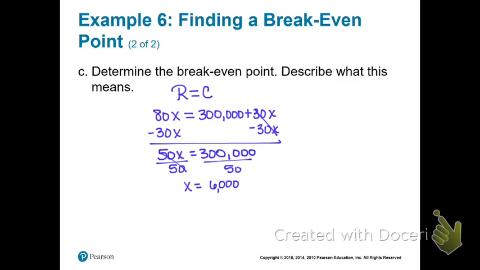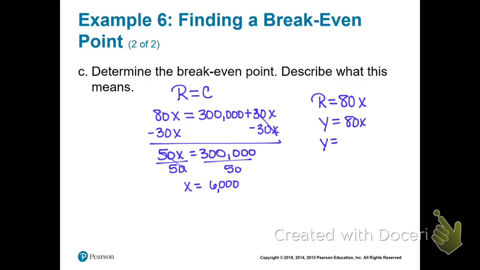How am I going to find the y value of it? Plug x back into either one of those equations, okay? Remember, we said R equals, or we said C equals, but that's the same thing as y equals. So let's just use the revenue because it was a shorter one. The revenue was 80x, that's the same thing as saying y equals 80x.